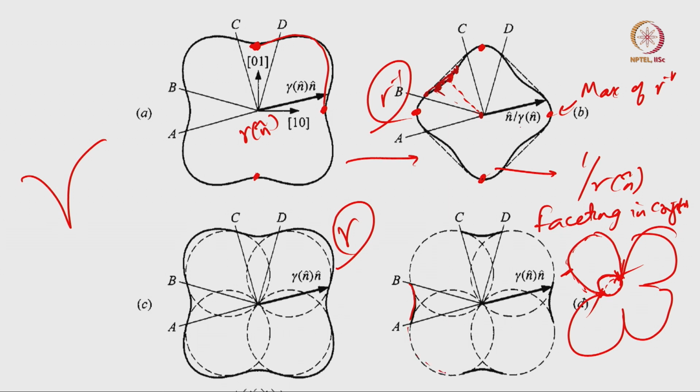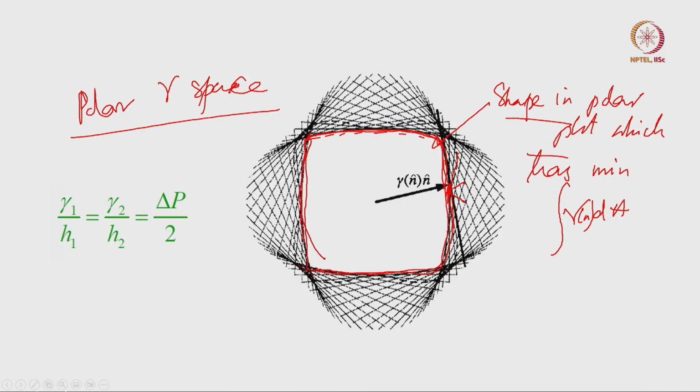These are the unstable positions, this is stable, this is stable, this is stable. I go here, I draw a normal, I go here, I draw another normal, and like that I am drawing normals at all these stable positions, and then I look at the internal envelope of all these normals. That is essentially what I did here.